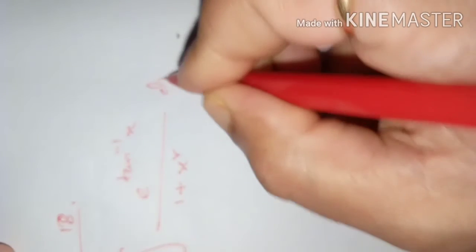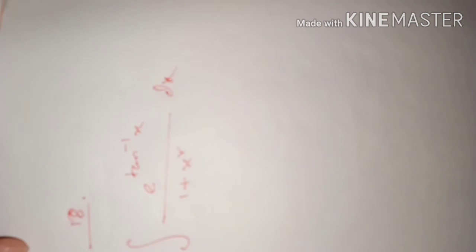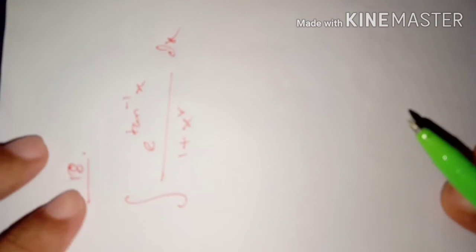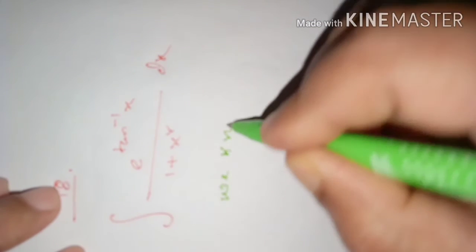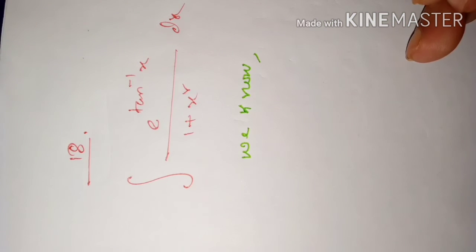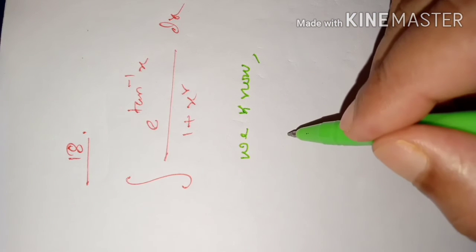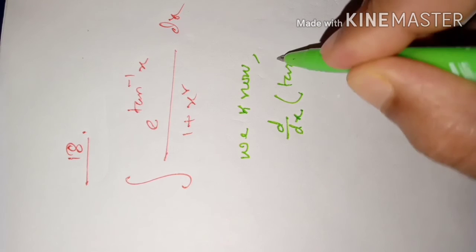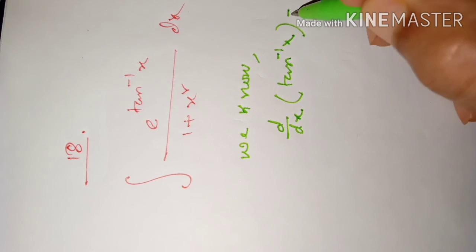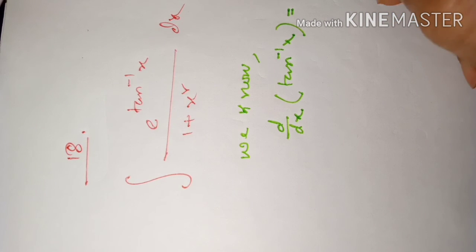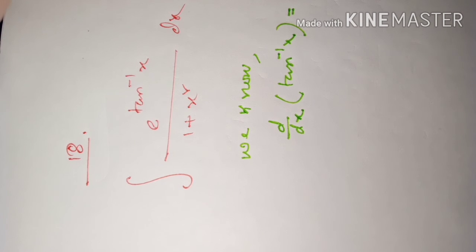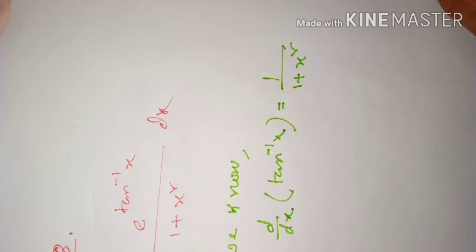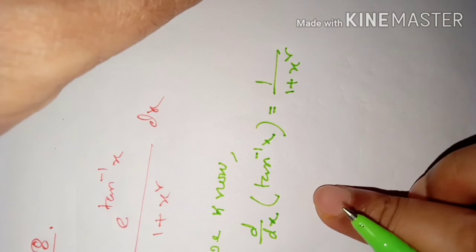Dear students, as you know, we know that d by dx of tan inverse x is equal to 1 by 1 plus x square. So 1 by 1 plus x square is the derivative of tan inverse x.